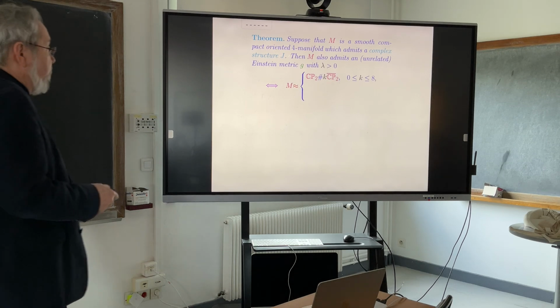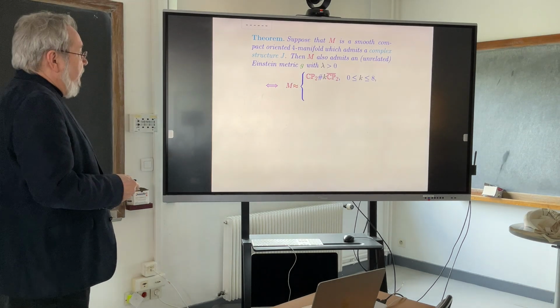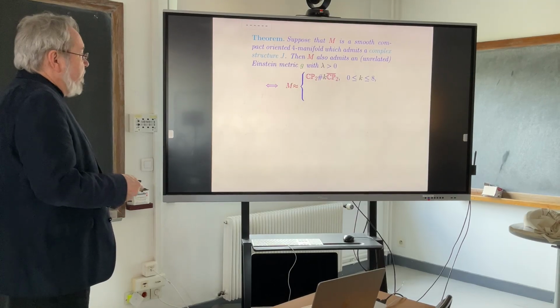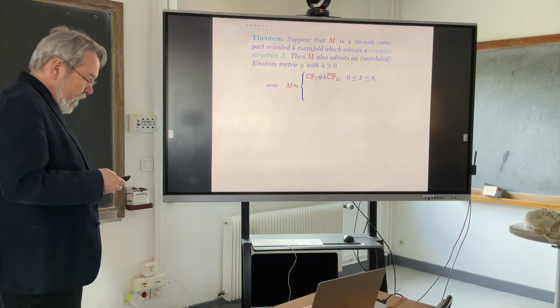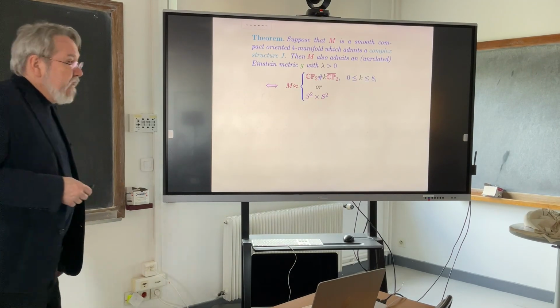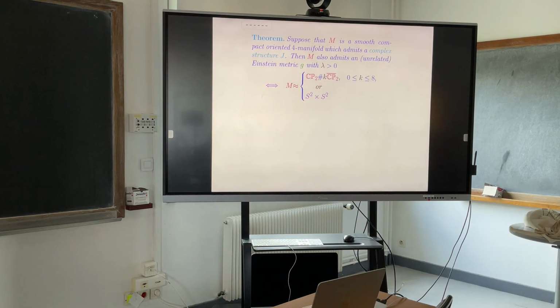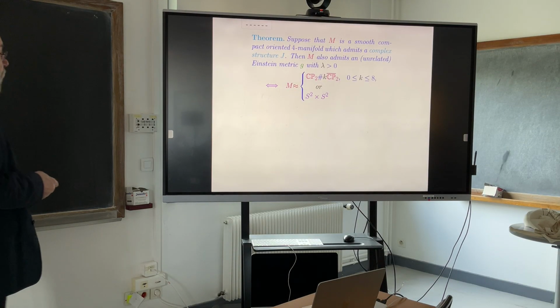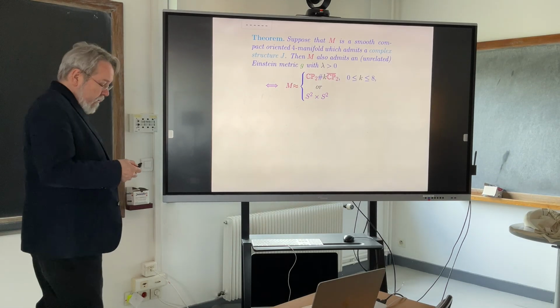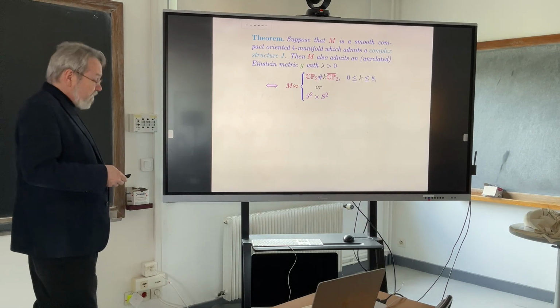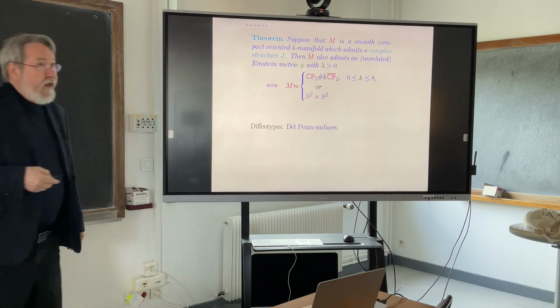This is a diffeomorphism statement because the question of existence of Einstein metrics depends on the smooth structure, right? The other possibility is S2 times S2. This list of smooth, compact, oriented four manifolds, as I've described it, must be complex surfaces. They are the so-called del Pezzo surfaces.